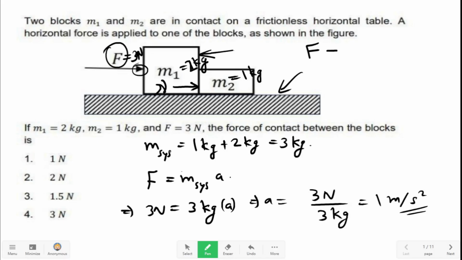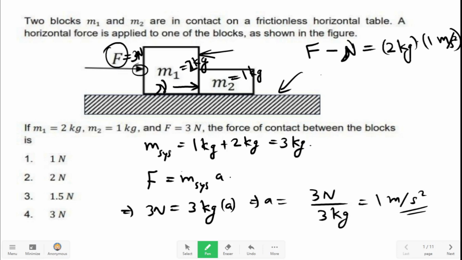M2 will apply a force on M1 because of the contact, which is equal to N. This is equal to mass of M1, 2 kilogram, times acceleration of M1, which is the same as the acceleration of the whole system, 1 meter per second square.